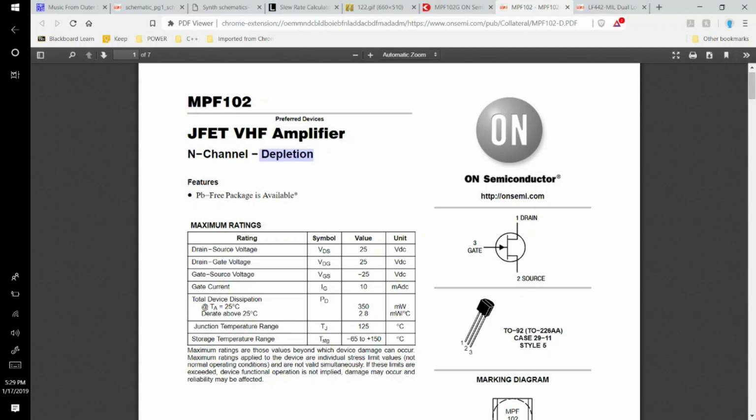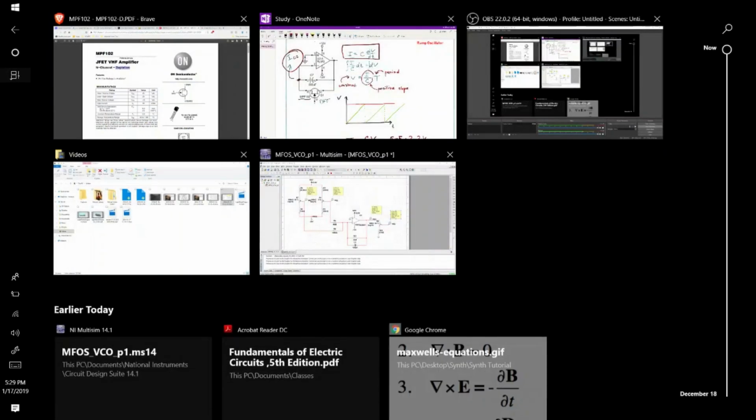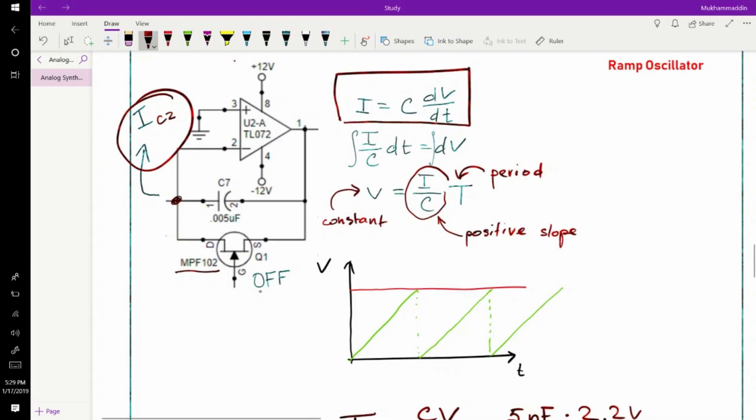Depletion mode means that it's normally on, but in our case, let's say that it is right now off. There is a reason for that. We'll talk about this later in the analysis, but we assume that it is normally off, and it will be turning on at a certain condition. And again, everything I'll be explaining later.